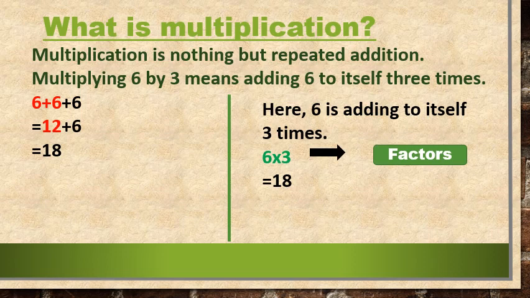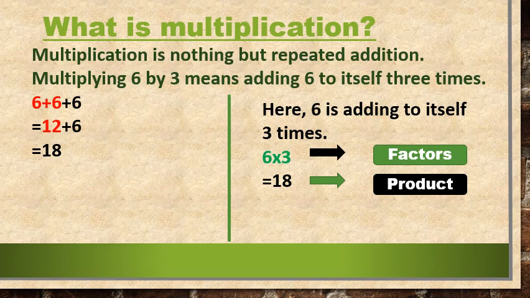So in this example, 6 and 3 are called factors. And the answer is called product. So in this example, 18 is called product.